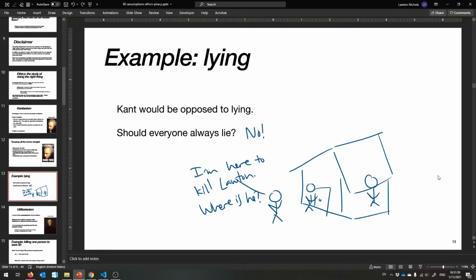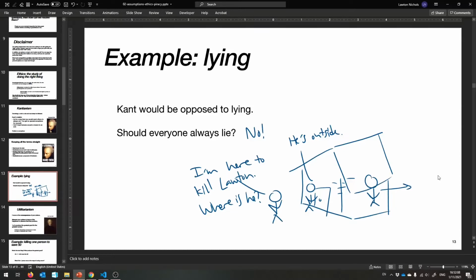But there is a case where actually lying will still kill me. Okay, so maybe my mom lies in this case. So this is an argument for Kantianism now. Maybe my mom says, he's outside. But me, unbeknownst to both of them, I overhear this conversation at the front door, and I run out the back door.